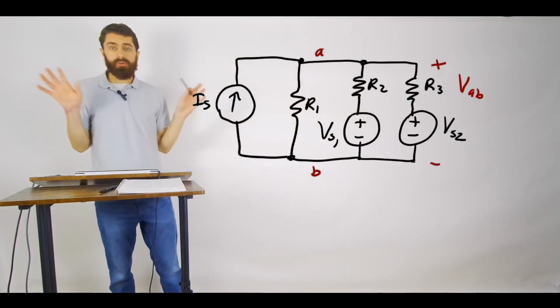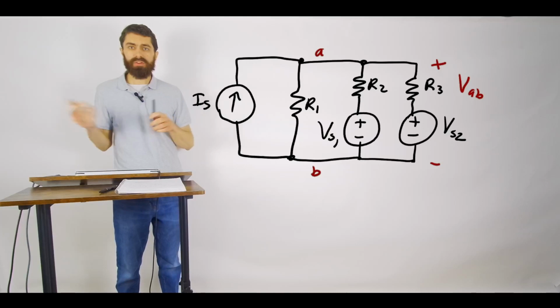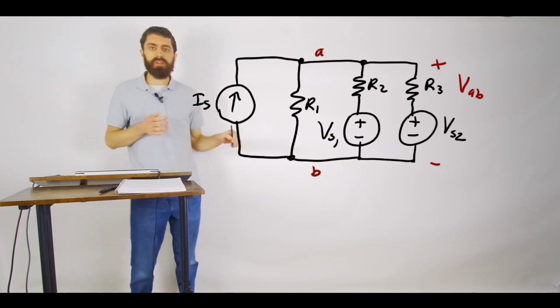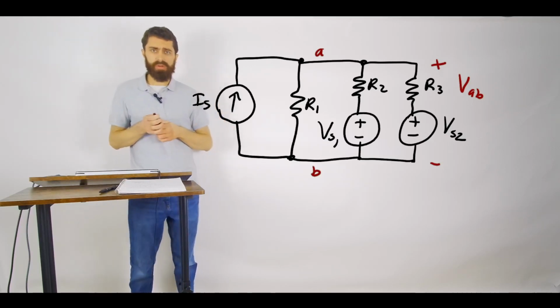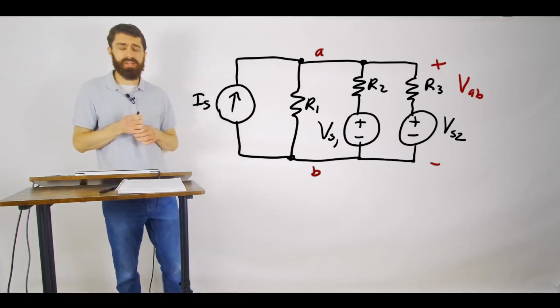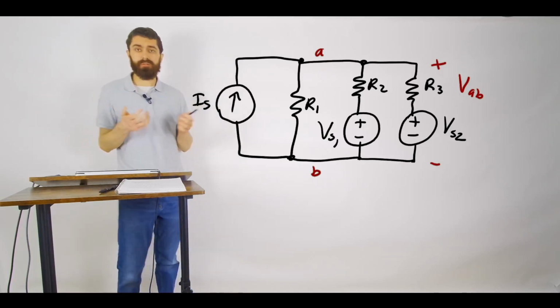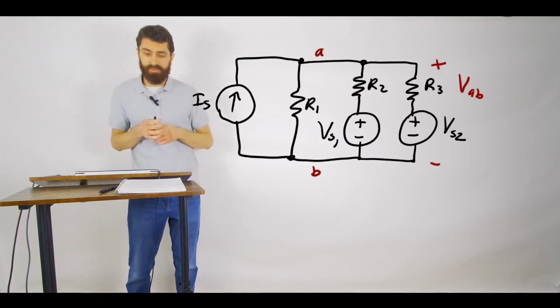Now we have all the tools already to be able to solve this circuit from previous videos. We could do either mesh analysis or nodal analysis, but we'd end up using quite a few equations. And what I want to show in this example is that using source transformation, we can actually greatly simplify it.